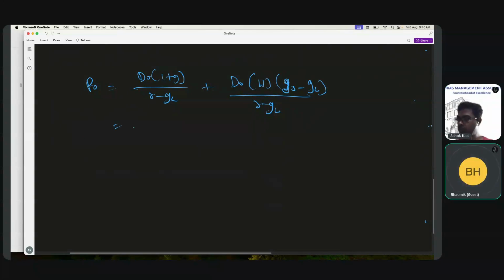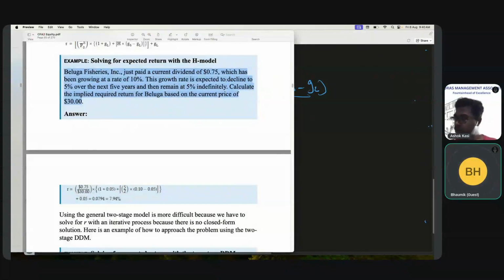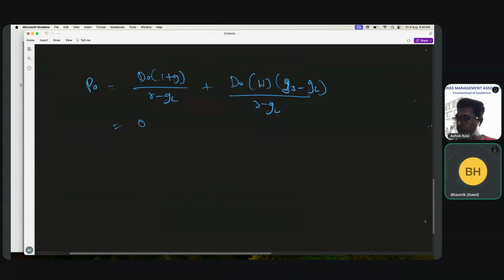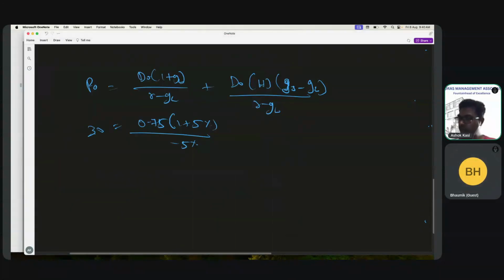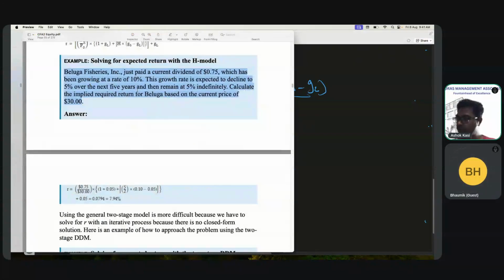Now D0 is 0.75, 1 plus the long-term growth of 5%, divided by R minus 5%. The current price is 30, and R we have to find out, the implied rate of return on the current price.